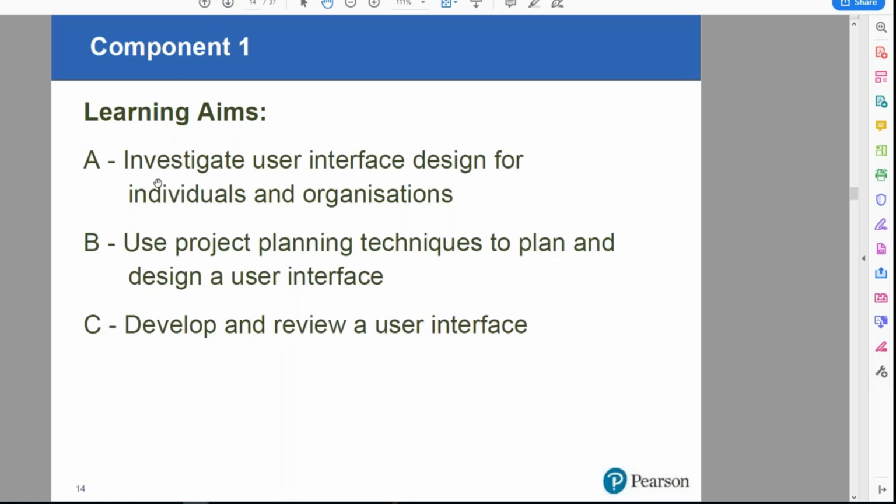Component 1, learning aim A: investigate user interface design for individuals and organizations. Is there a suggested assessment calendar? Absolutely, Ashley, thank you for asking that. Very early on in the relationship between you and the SV, they ask for an assessment plan, which is basically a calendar laid out over the delivery schedules, showing when you think you're going to be doing assessments.